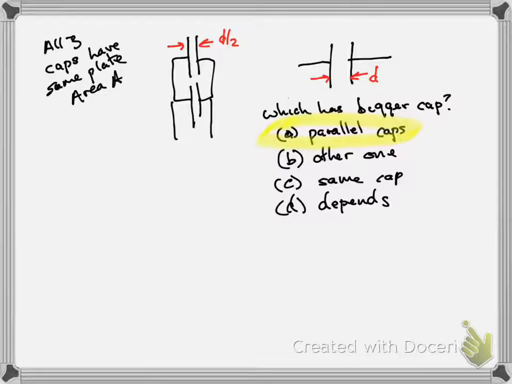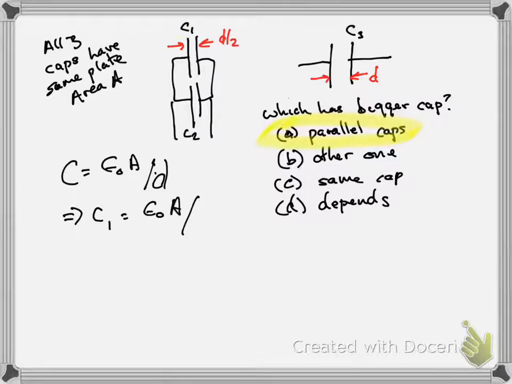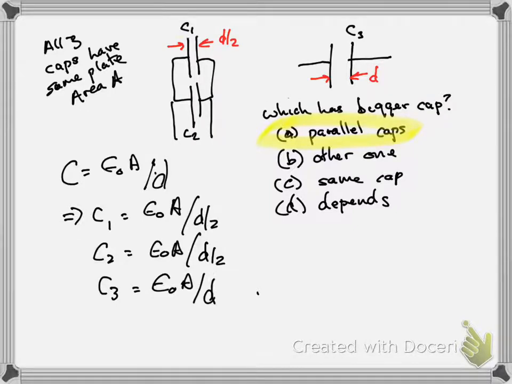So what I mean by that is, let's just go ahead and call them C1, C2, and C3. In general, C is epsilon 0 A over D, and so therefore C1 is epsilon 0 A over D over 2, C2 is epsilon 0 A over D over 2, and C3 is epsilon 0 A over D. So you can see that C1 and C2 have twice the capacitance of C3 by themselves because they have half the plate separation.